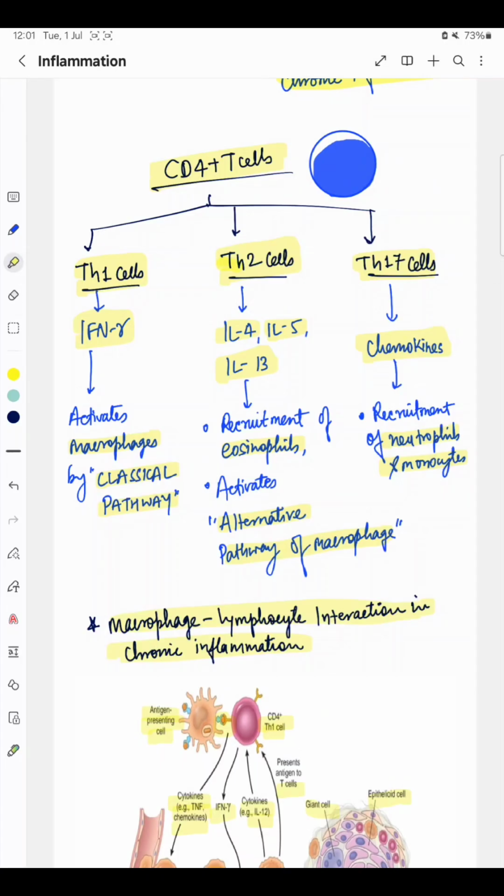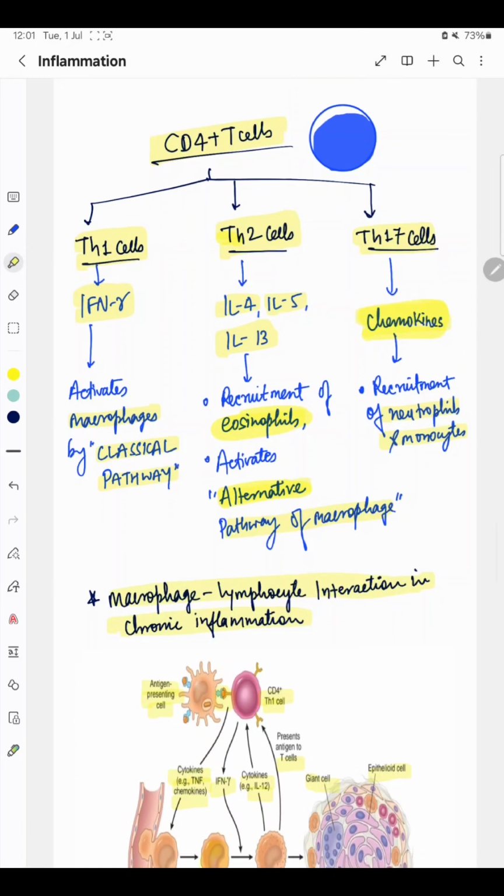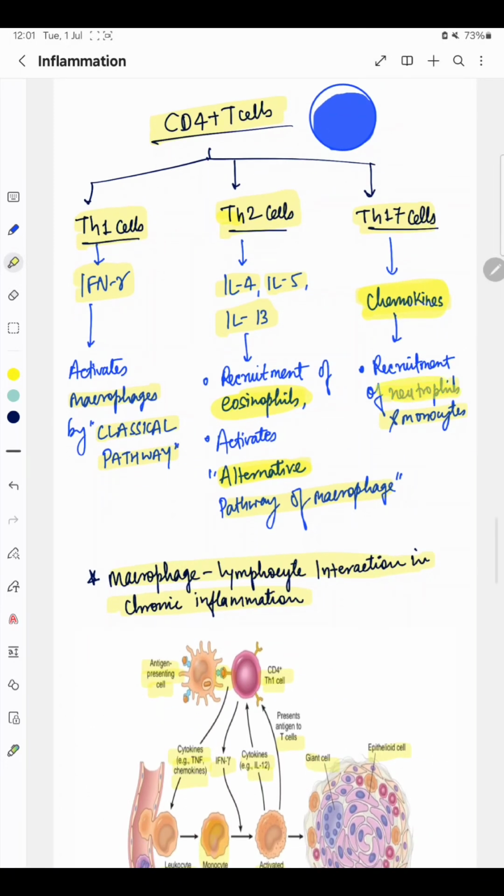They play an important role in the recruitment of eosinophils. They activate macrophages by the alternative activating pathway. The third type of CD4 T cell is the Th17 cell. They secrete chemokines and are responsible for the recruitment of neutrophils and monocytes.